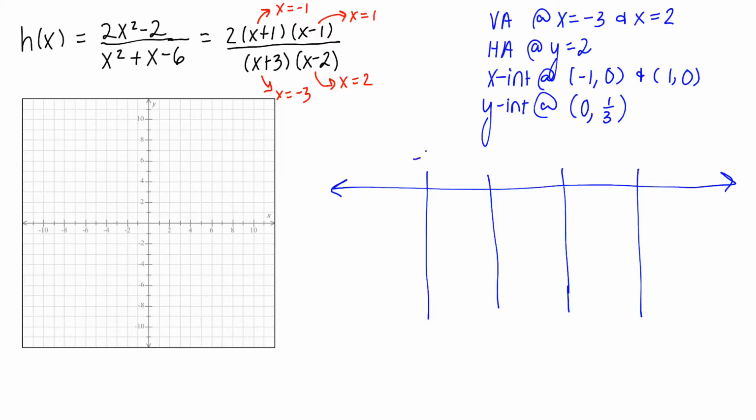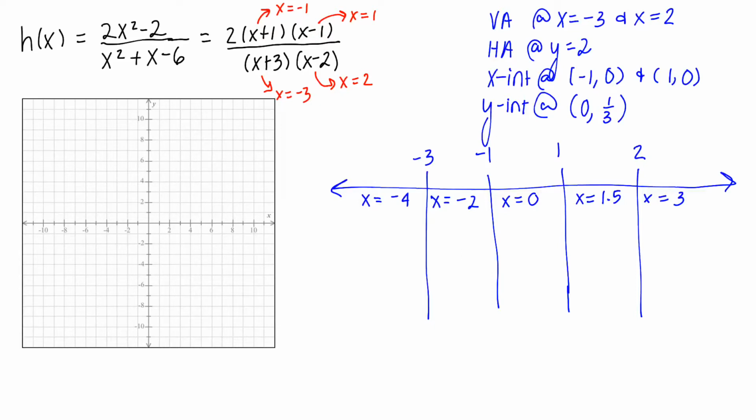So let's see, negative 3, negative 1, 1, and 2 for test points. I'll do negative 4, negative 2, 0. There's not really a good choice here, so I'm just going to choose 1.5, and then 3. Because this 2 doesn't matter, it's always just going to be a positive 2, I'm just going to look at these 4.